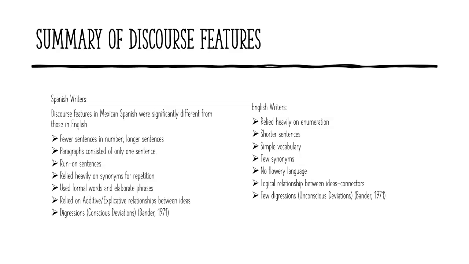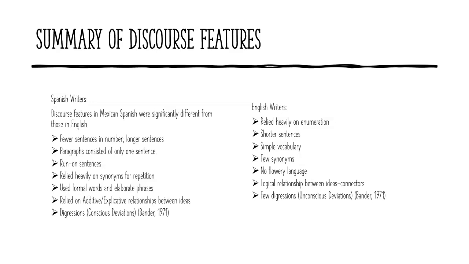And then we're comparing them to the English writers. The English writers relied heavily on enumeration. They had shorter sentences compared to the Spanish writers. They had simple vocabulary, simple sentences, very different from the Spanish writers. They had few synonyms, no flowery language, nothing compared to the Spanish writers. The Spanish writers use a lot of flowery language.